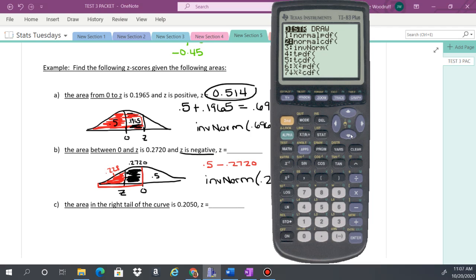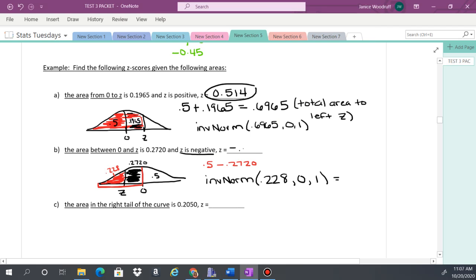So second distribution, inverse norm, 0.228, mean is 0, standard deviation 1, gives negative 0.745. And that'll be this z-score right here.